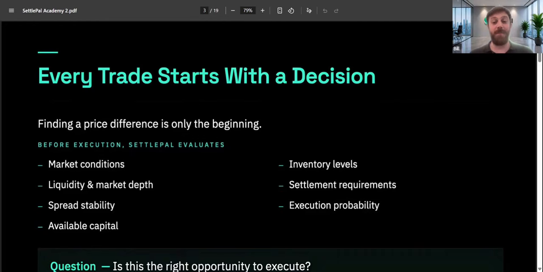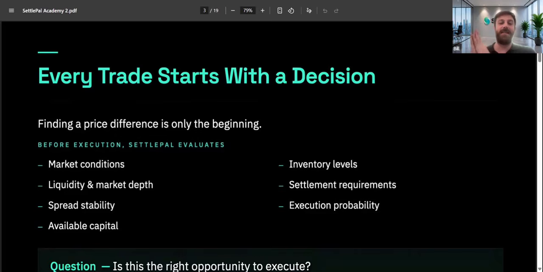At SettlePal, every opportunity has to earn the right to be traded. Before execution, the platform evaluates a wide range of factors: market conditions, liquidity and market depth, spread stability, available capital, inventory levels, settlement requirements, execution probability, and loads of other variables that will affect whether the opportunity actually makes sense.